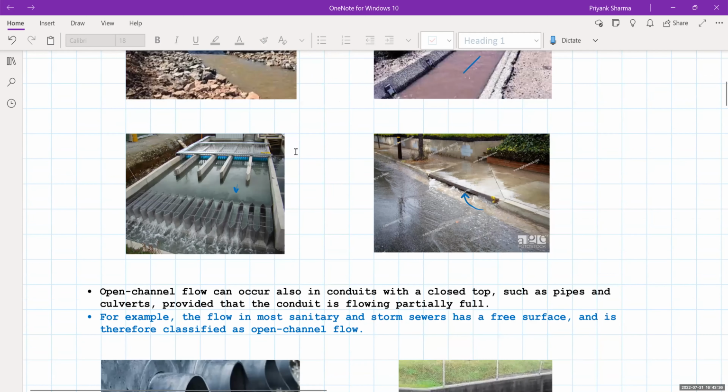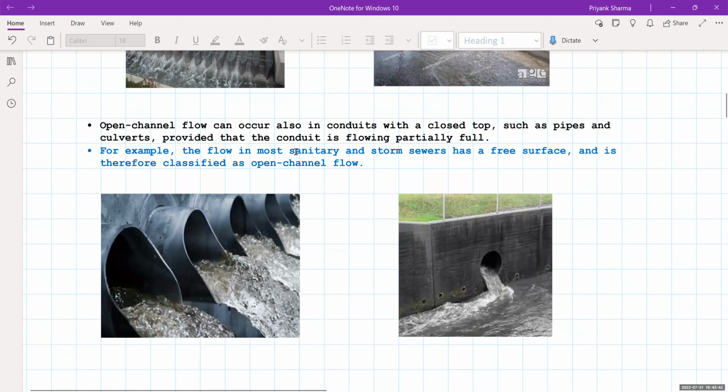Now usually there is a misconception that open channel flow has to be open from the top, but open channel flows can also occur in conduits with a closed top, such as pipes and culverts, provided that the conduit is flowing partially full. You can see these are the pipes.